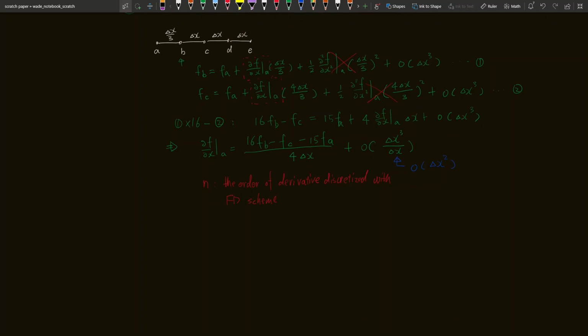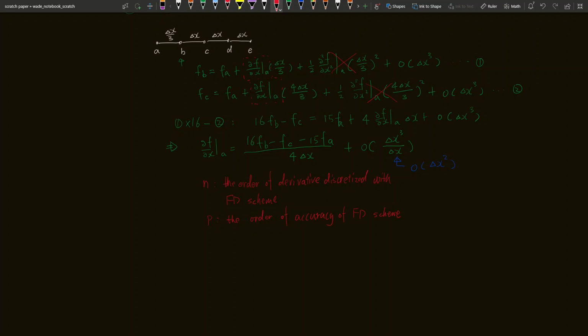And we also assume p is the order of accuracy of the FD scheme.